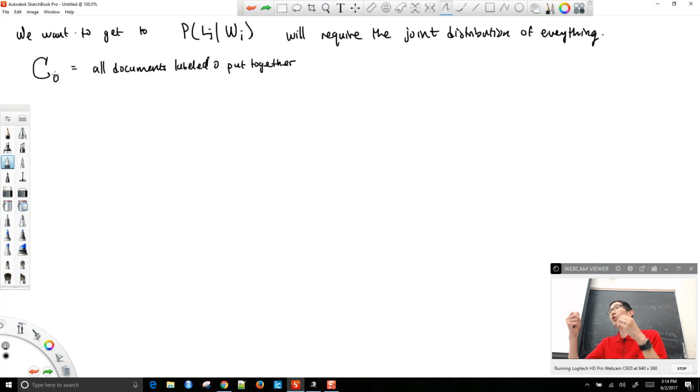Because we're treating these documents as bags of words, it's like dumping all of the bags together into one big bag that's labeled 0, and all of the words in another bag that's labeled 1.